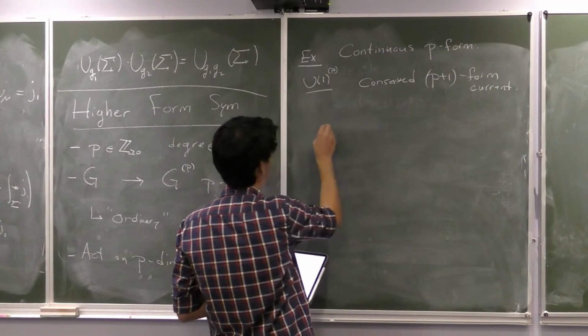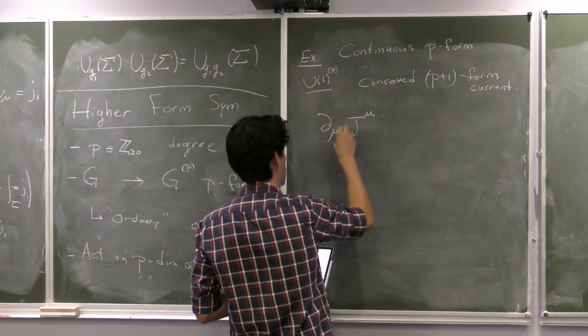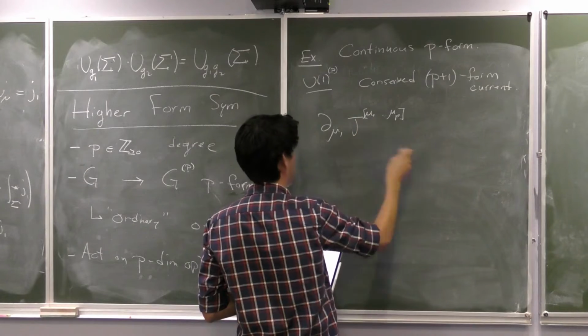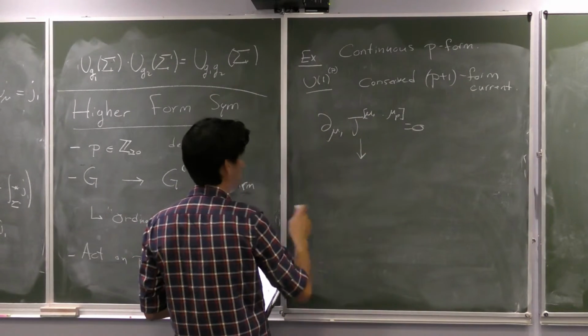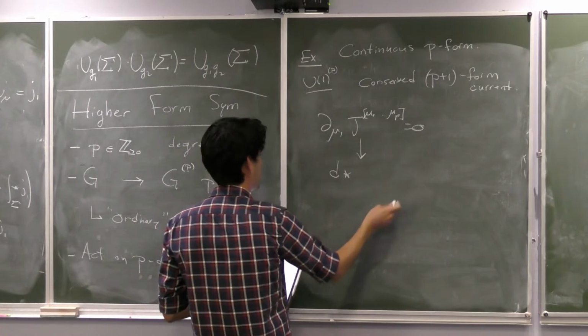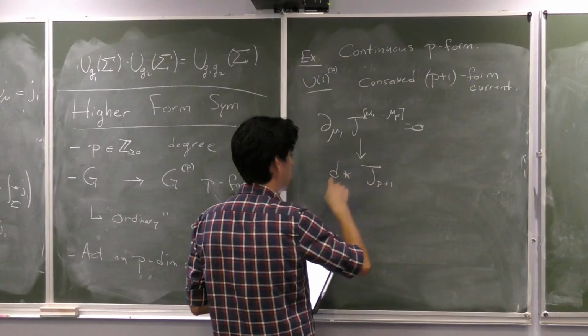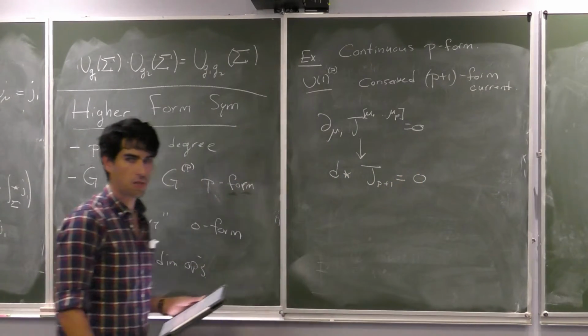To ease this into the differential form notation, you would say you have a P plus 1 index antisymmetric tensor that's conserved. And you would write this in terms of a P plus 1 differential form where the exterior derivative of its Hodge star is 0.